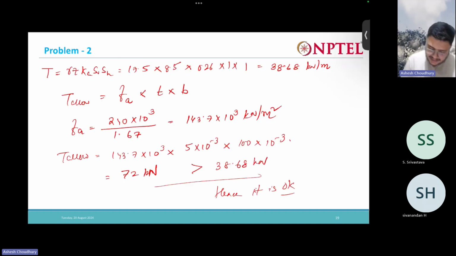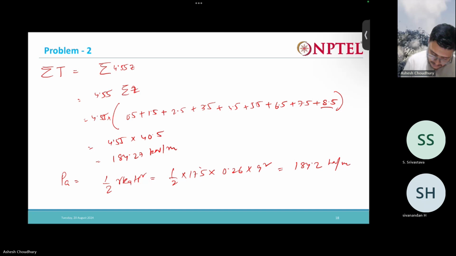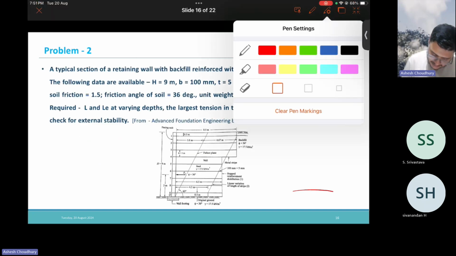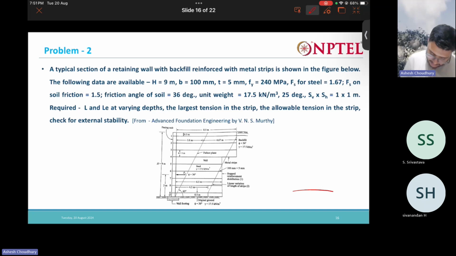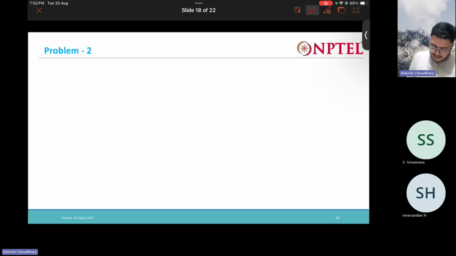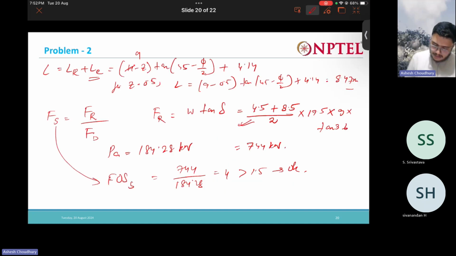Understood, right? So for the first case, what they have done, they have considered this trapezium, and this area they have calculated for the weight here, in this part.